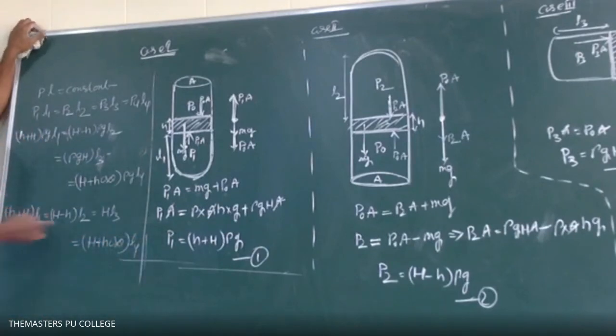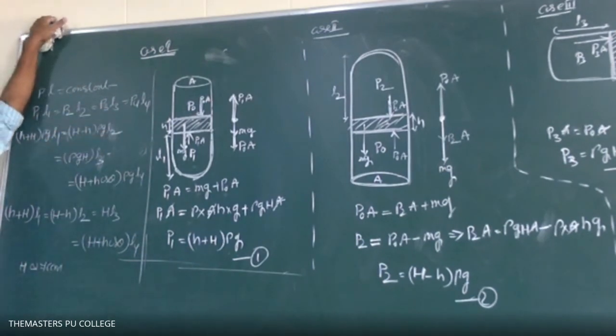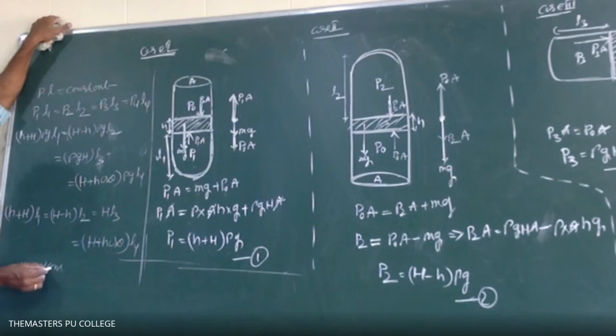By equating any two of these and calculating H, if we get a value of approximately 76 centimeter, then Boyle's law is said to be verified, because atmospheric pressure is constant. The average value of atmospheric pressure is 76 centimeter of mercury column.